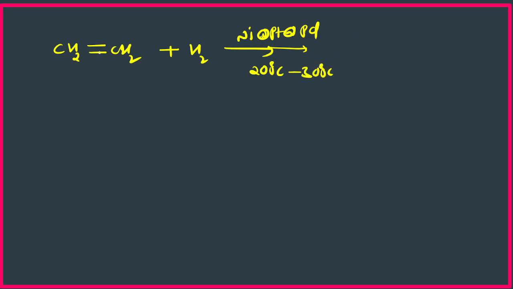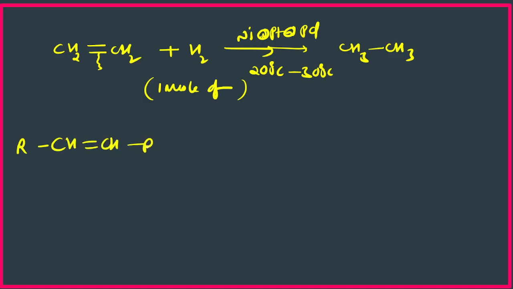The pi bond breaks and attaches with the hydrogens. Attached with the hydrogen, it forms an alkane, here ethane. So we are using 1 mole of hydrogen. 1 mole of hydrogen is used for alkene to alkane. See, have a look at the next example: CH double bond CH with hydrogenation.